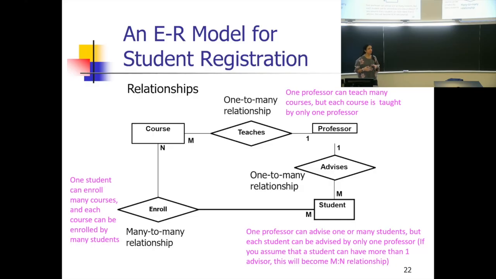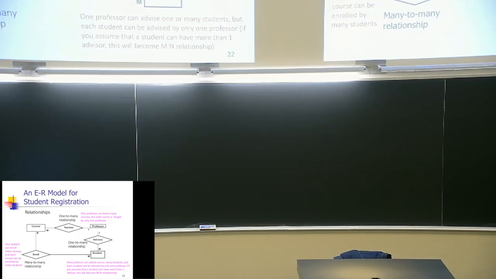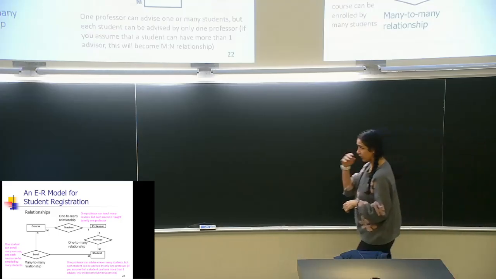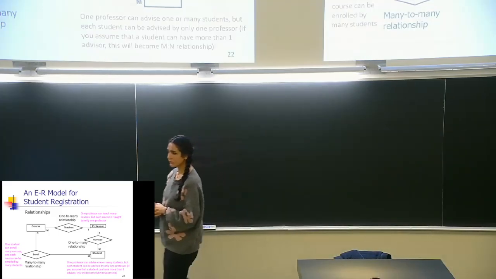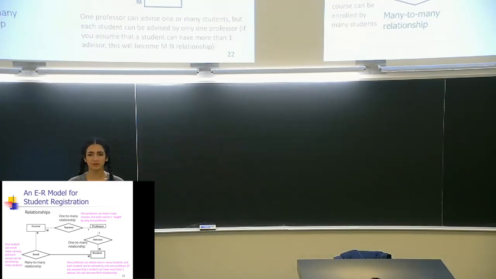So whenever you see many-to-many relationship, what do we do? If you have many-to-many, for example, a student and course, how do you resolve that? Associative entities, right? And so associative or composite entity, we use it whenever we have many-to-many relationship.